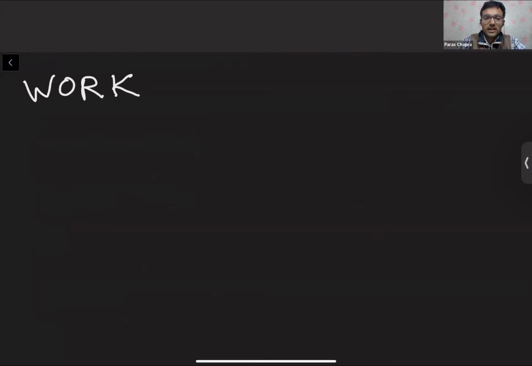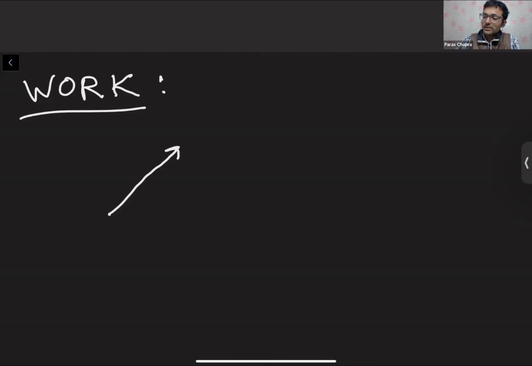तो वर्क क्या होता है? What is work? Work is the product of force along the direction of displacement. So product of force and displacement along the same direction.